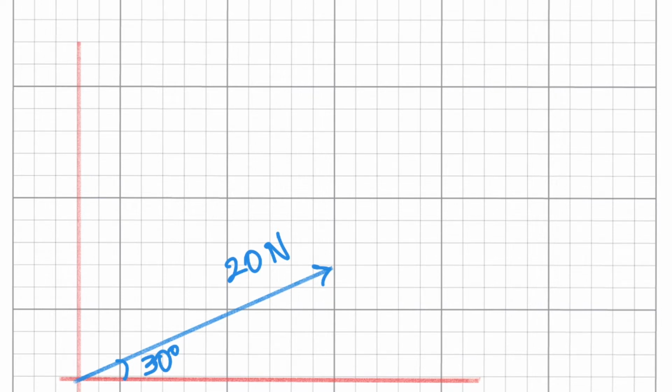Now what we have to do is to find the components on the x-axis and the component on the y-axis. So basically it's going to be something like this. This will be the y component, and this will be the x component.